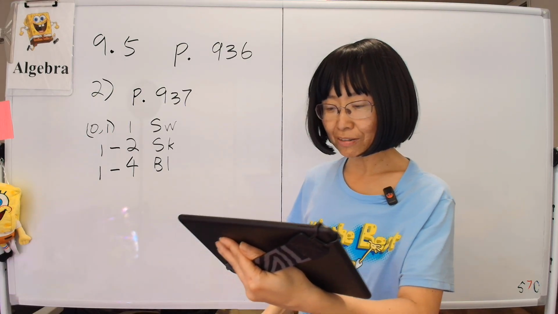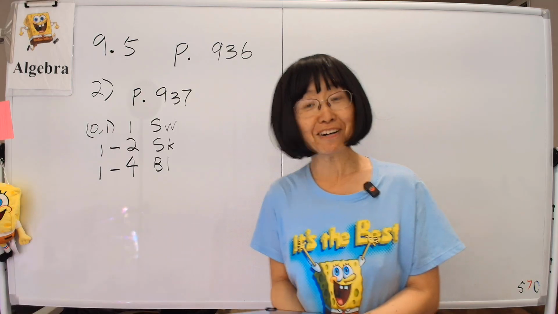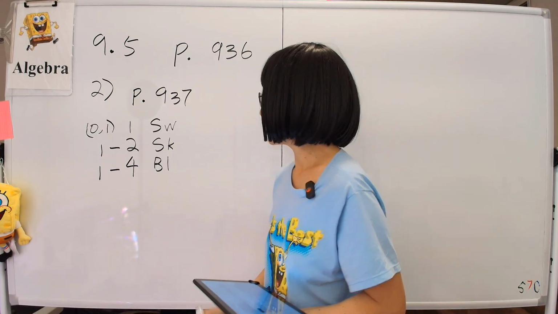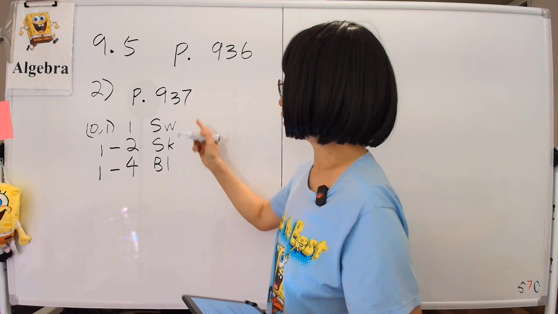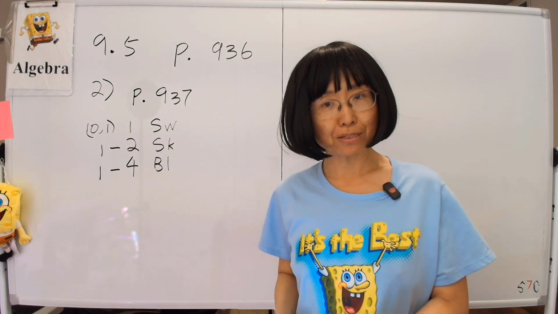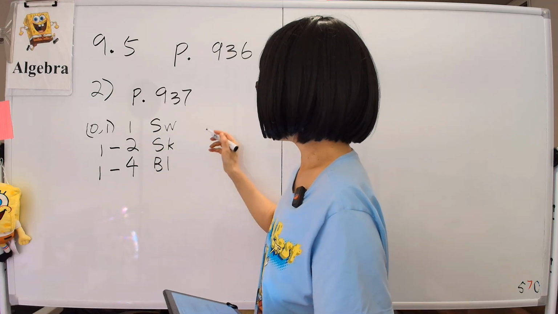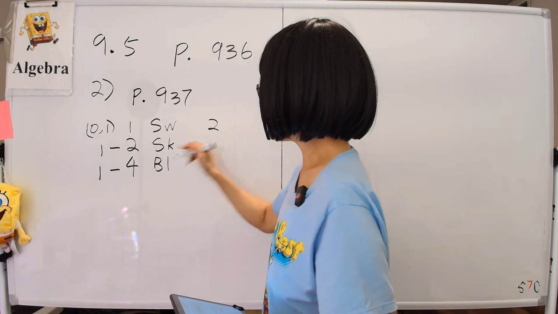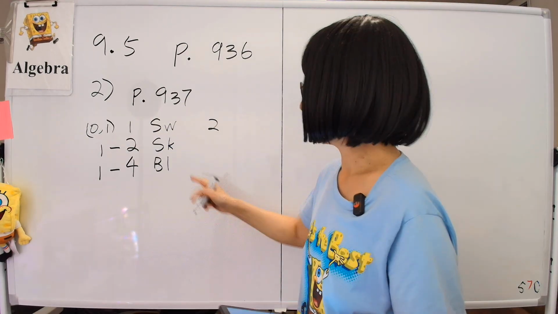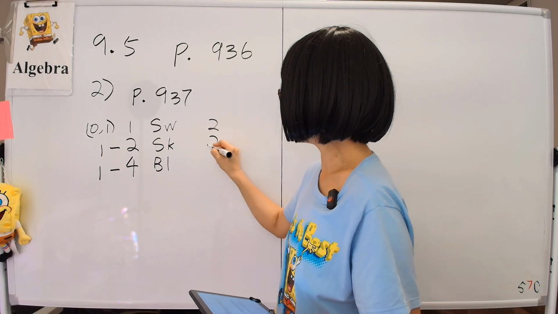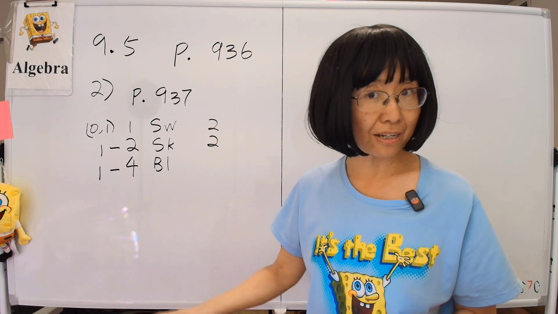Now the question is, what is the total number of possible outfits that she can get out of this selection? Okay, so now we're using something called the multiplication principle. The number of sweater options is 2: sweater or no sweater. The number of skirts is 2, so the total is also 2. No skirt is not an option.